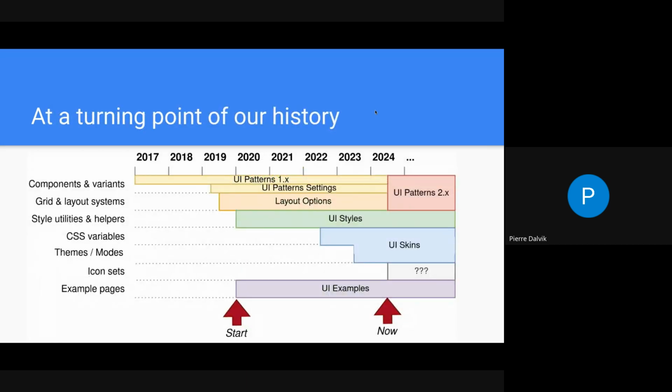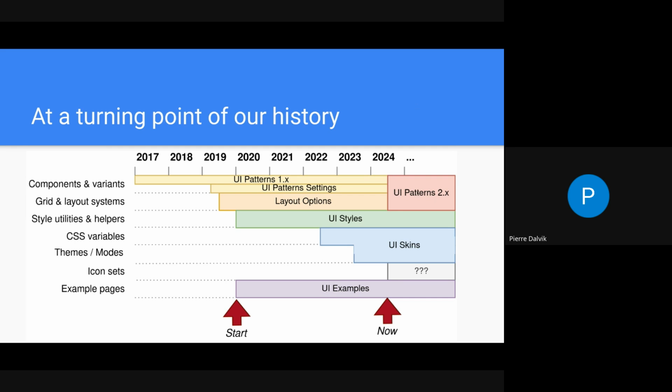It's something we are planning to do soon. Indeed, we are in a very specific moment of the history. We started UI Suite 4 years ago with UI Patterns 1, UI Patterns Settings, which is a prop system for UI Patterns 1, Layout Options, UI Styles, and UI Examples. Then we introduced UI Skins for CSS variables, themes, and modes, and we soon introduced the Icon module.